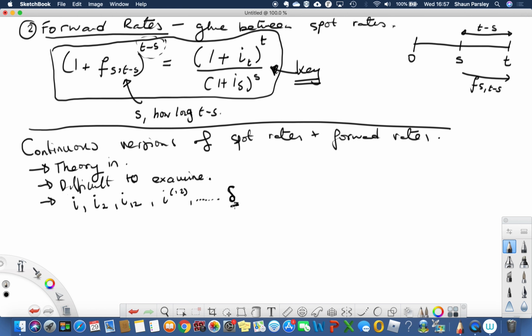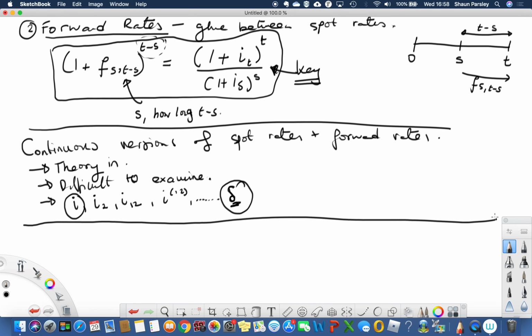We come to deltas. So if you think what I've explained to you in terms of spots and forwards was in this discrete world, and then suddenly we were going into this continuous world. But as I say, there's limited use for the questions there, because most applications which we'll learn on our course are discrete applications.